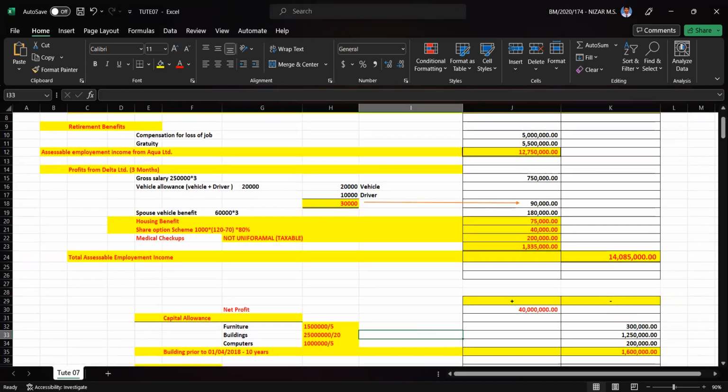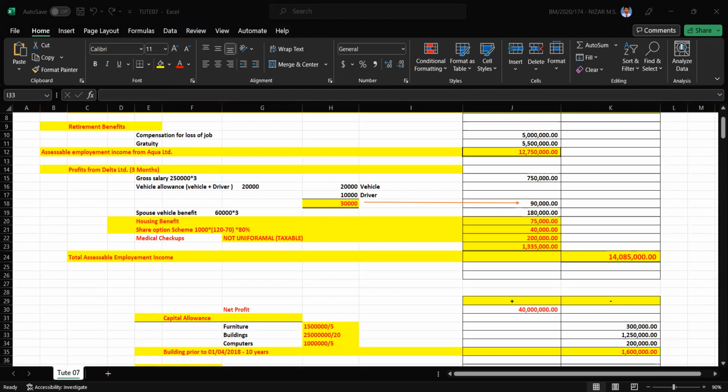He lives in a rented apartment in California, paying a rent of 40,000. The company reimbursed 25,000. So even though he's paying 40,000, the actual benefit he derives from the company is 25,000.